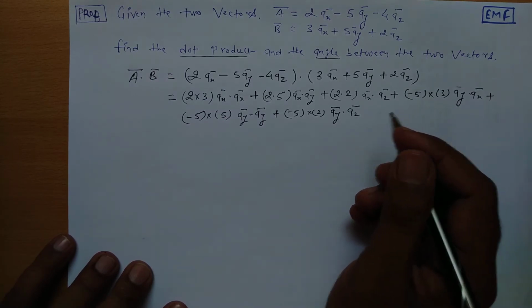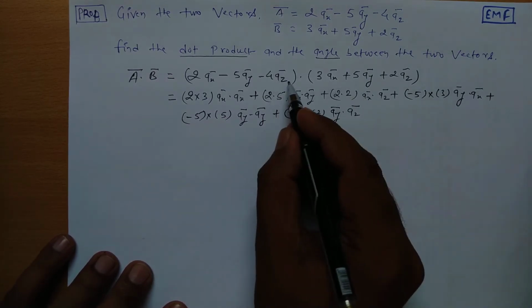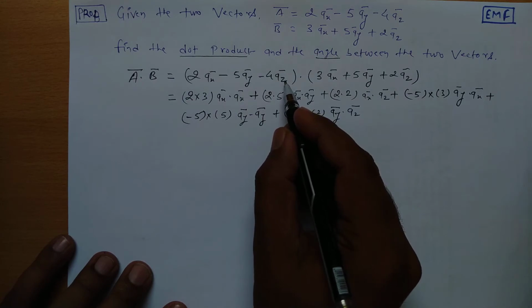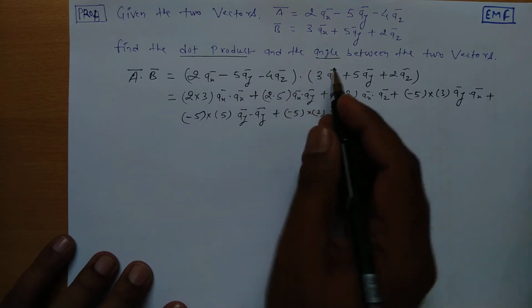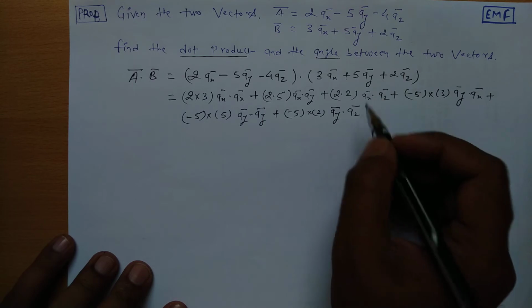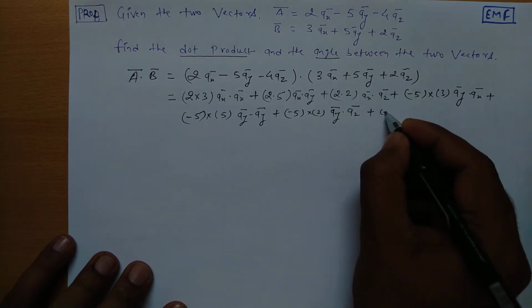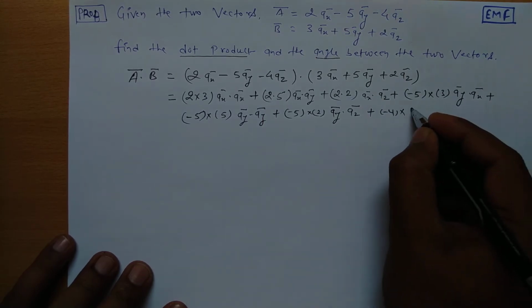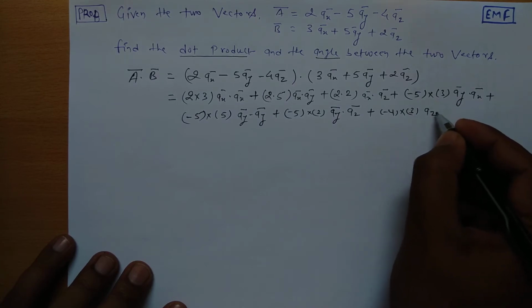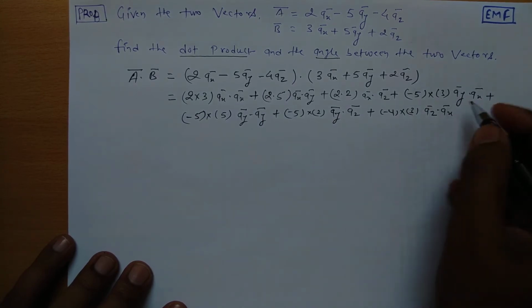And the last one, minus 4az, the last component of the vector A, will be dot product with all the components of the vector B. So this will be plus minus 4 into 3, this is az dot ax.